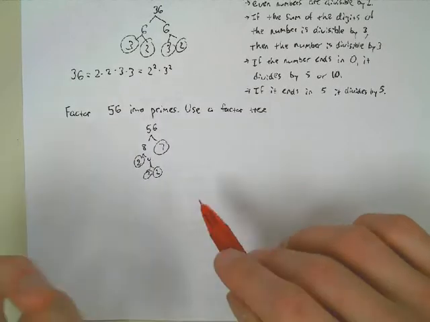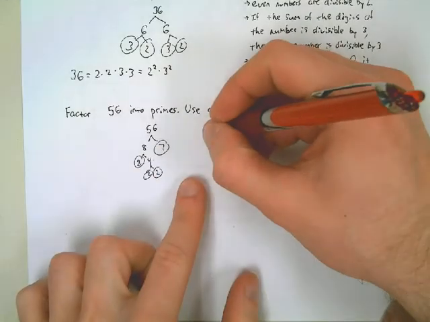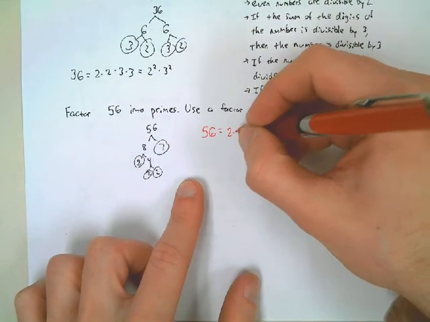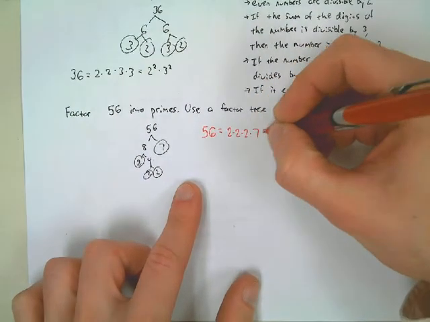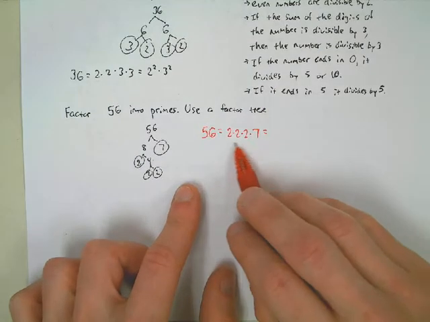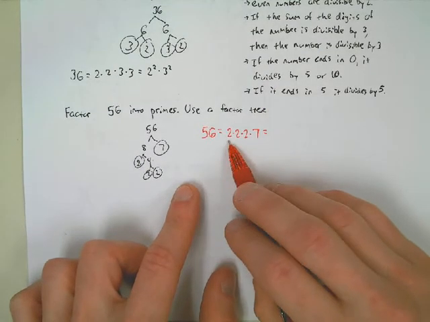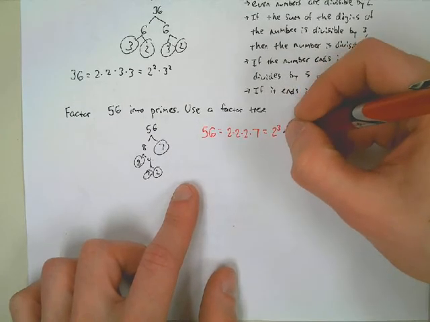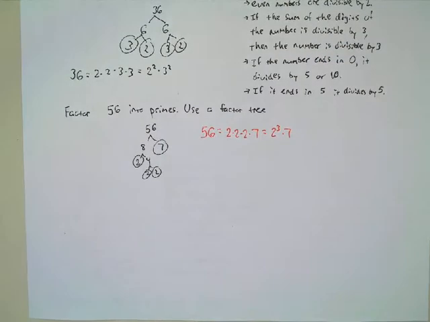So 56 is equal to 2 times 2 times 2 times 7. But then some people saw that we were repeatedly multiplying by 2s here, and so how can I rewrite 2 times 2 times 2? 2 cubed, exactly right. So then 56 is 2 cubed times 7.